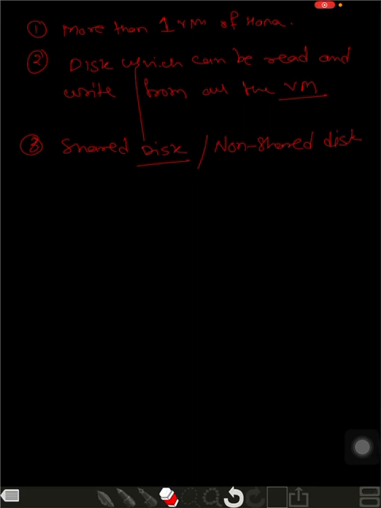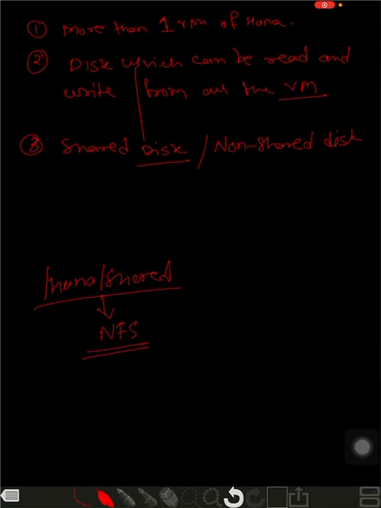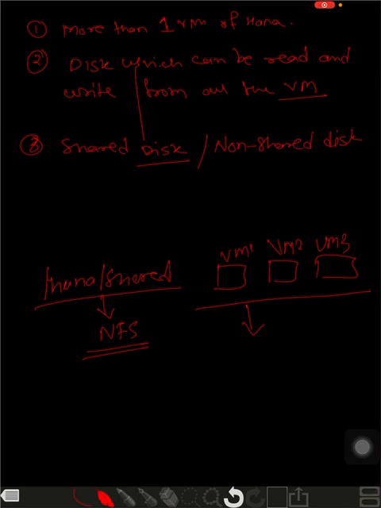Now coming to the HANA shared directory, or HANA shared disk. /hana/shared should be an NFS volume which is mounted on all the VMs, VM1, VM2, VM3, irrespective of whether a VM is master, slave or standby.